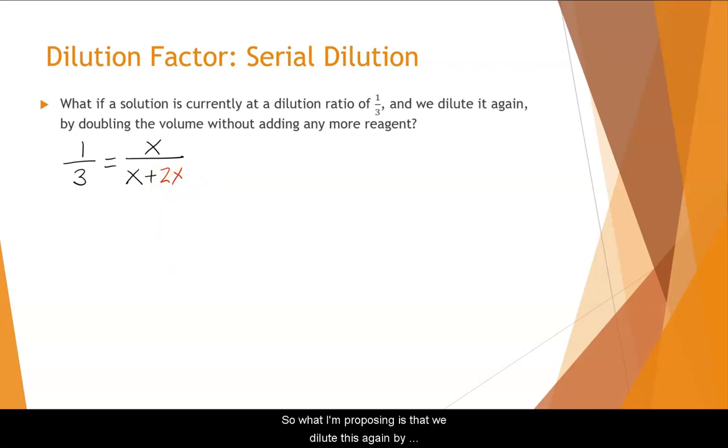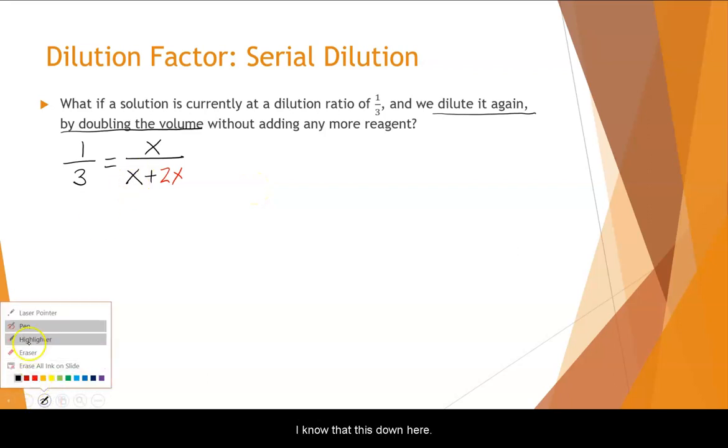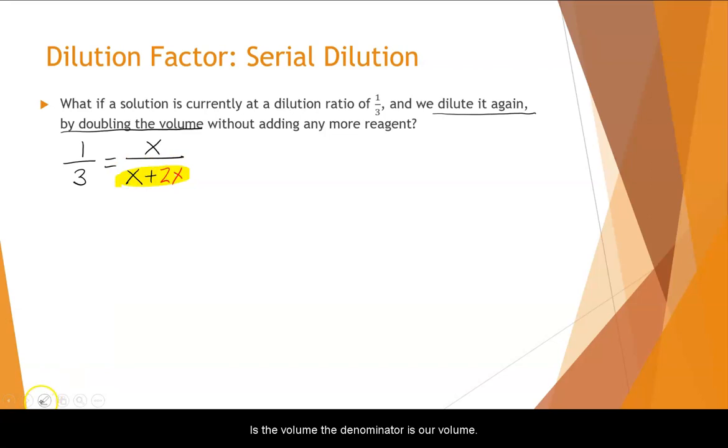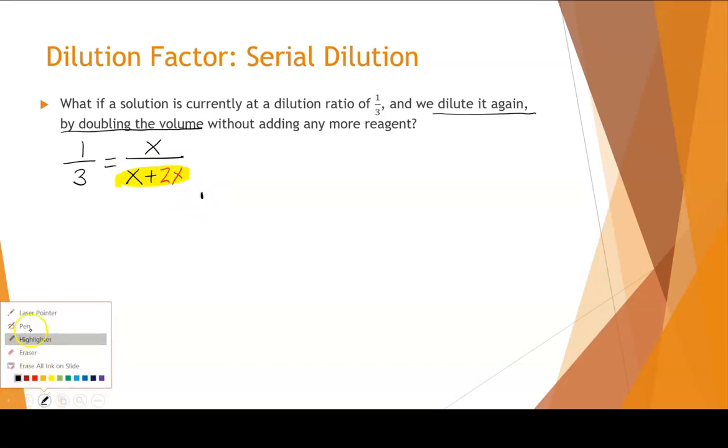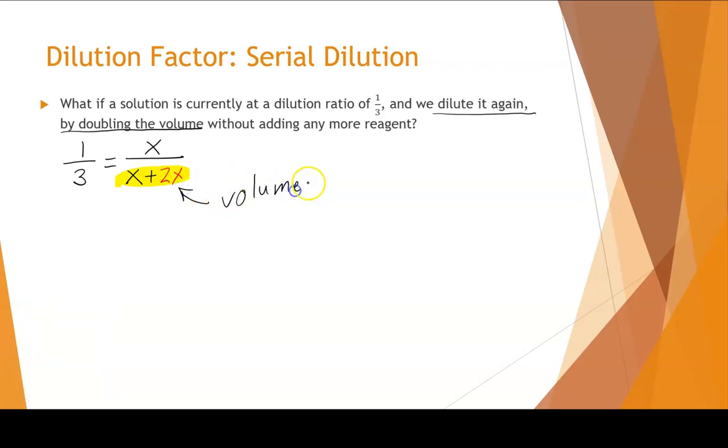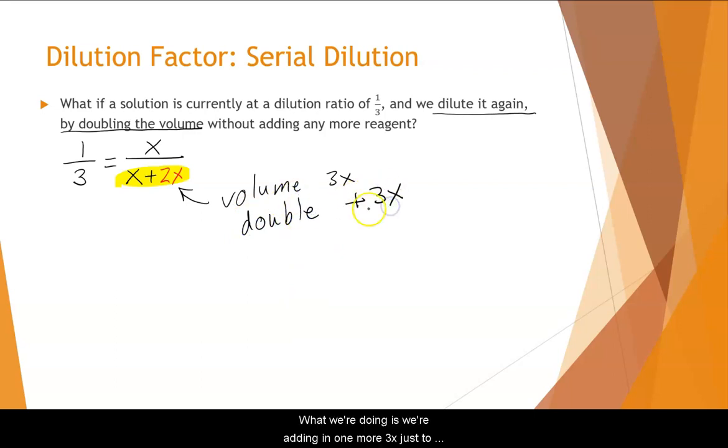So what I'm proposing is that we dilute this again by doubling the volume without adding any more reagent. I know that this down here is the volume. The denominator is our volume. And so this volume is 3x. So if we double that, what we're doing is we're adding in one more 3x just to the denominator.